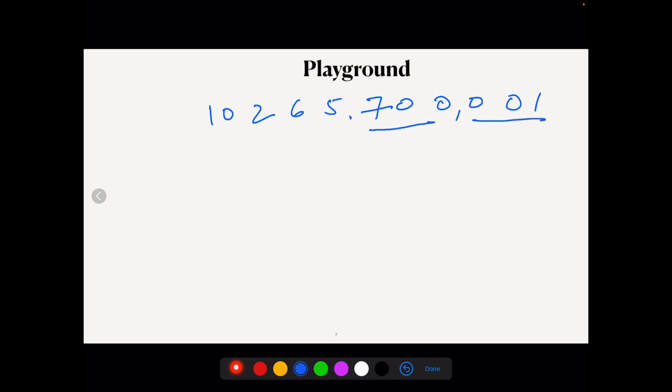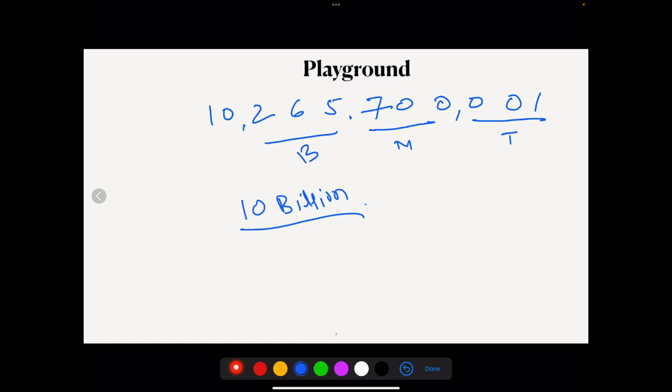Then this is again 3 digits, and this is again 3 digits. I know this is thousand, then this is million, then this is billion. Then easily I can say this is 10 billion requests, or 10 billion bytes, or whatever it is. As I mentioned, most of the time we should ignore these lower values and consider them as 0. So it is 10 billion, and that's how you can calculate it.